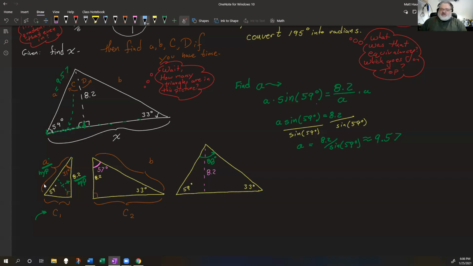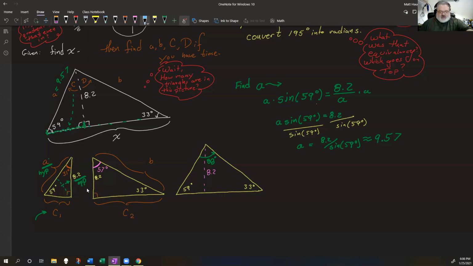One of the things, particularly for those of you going into physics, engineering, chemistry, that sort of thing, that you want to get in the habit of is, when possible, always using given information. The information in this diagram that is in yellow is information that we were given by the problem. That 31, we calculated.